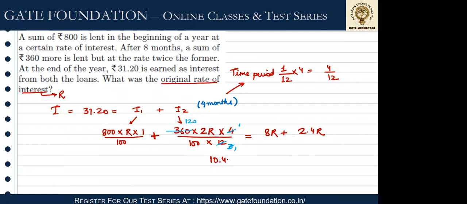So 10.4R, and this whole thing is equal to 31.20. So if you want to find out R, it will be 31.20 divided by 10.4. Basically, it will be 3. So the rate of interest will be equal to 3% per annum.